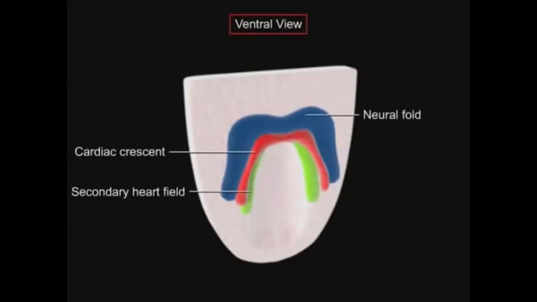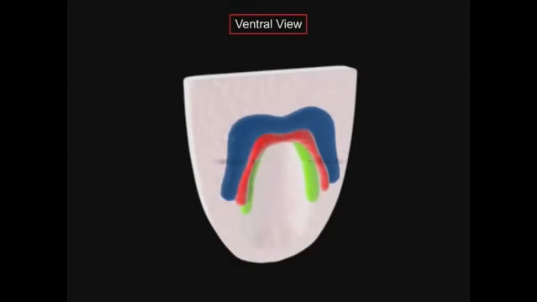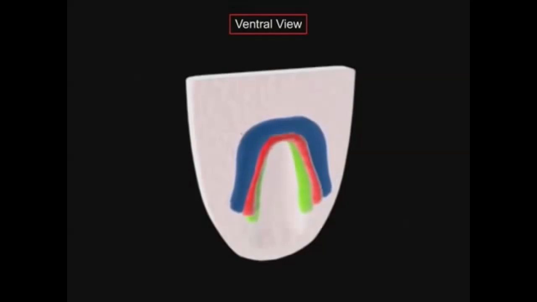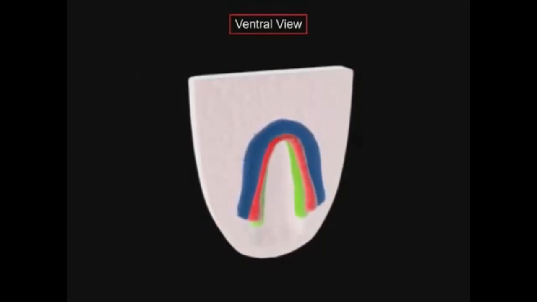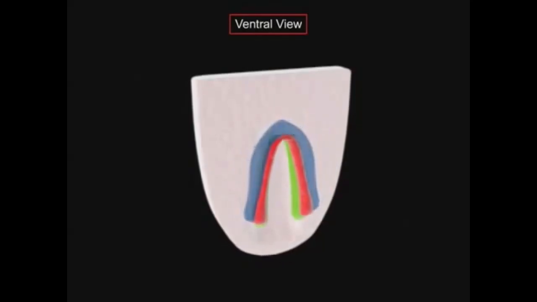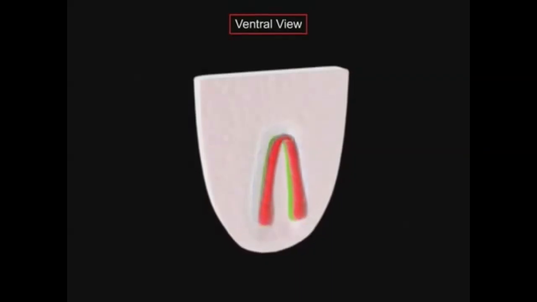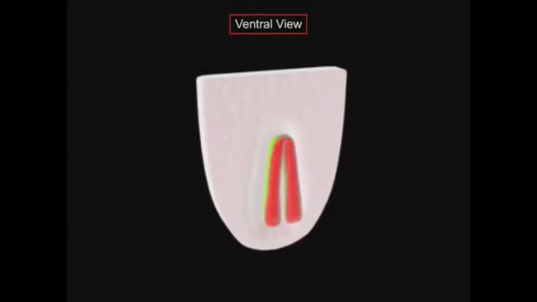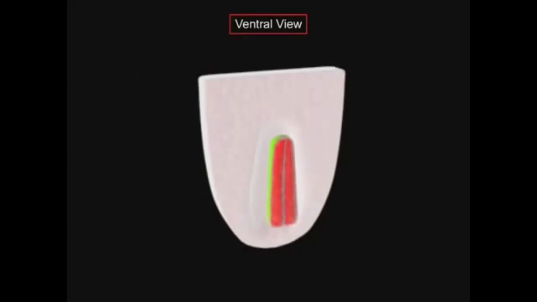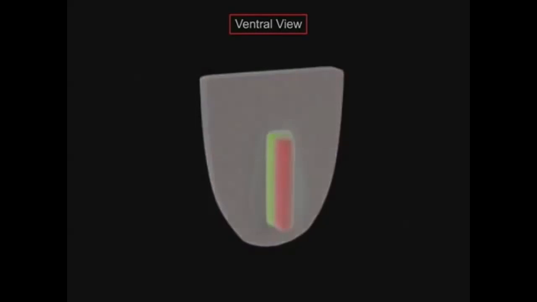So this is the ventral view, again narrow fold, the same blue color, the mesoderm of red color, and after moving sagittally, these paired primitive parts of the heart fused with each other.